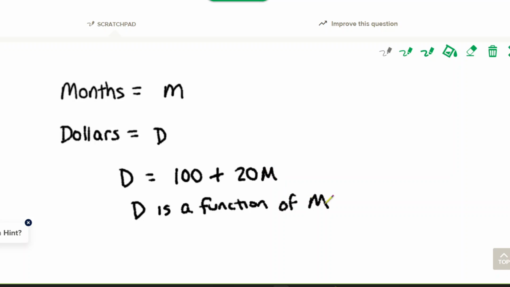Each month number I input will give me one output in dollars. Every value of M gives me exactly one value of D.